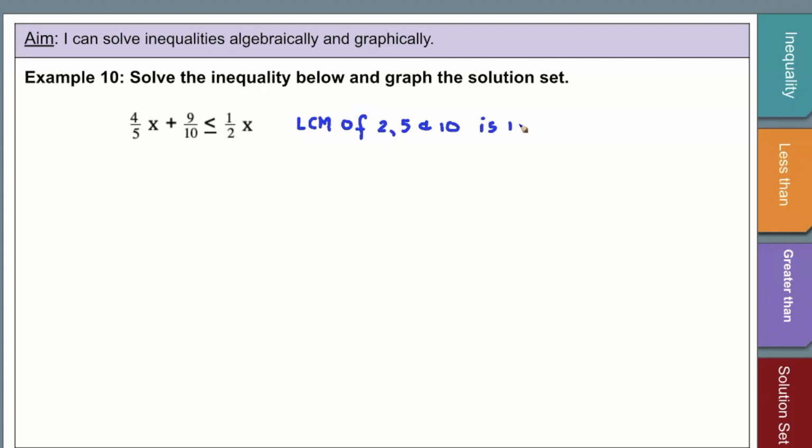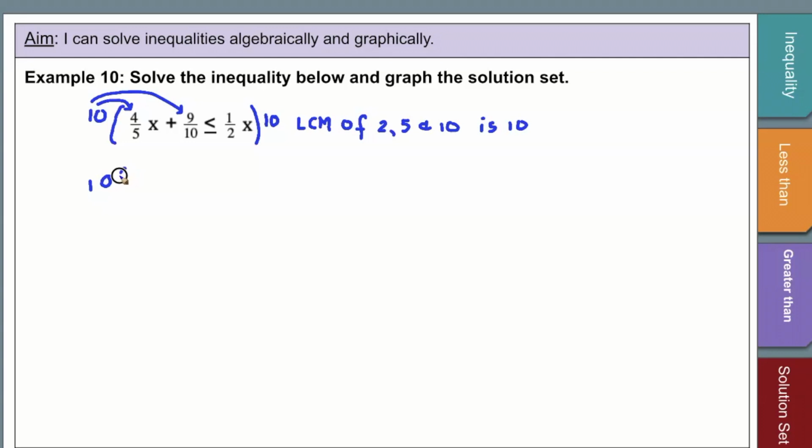First, multiply each side by 10, the LCM of 2, 5, and 10. Then, distribute 10 to each term inside of the parentheses. That should give us 10 times 4/5 x plus 10 times 9/10 less than equal to 10 times 1/2 x.